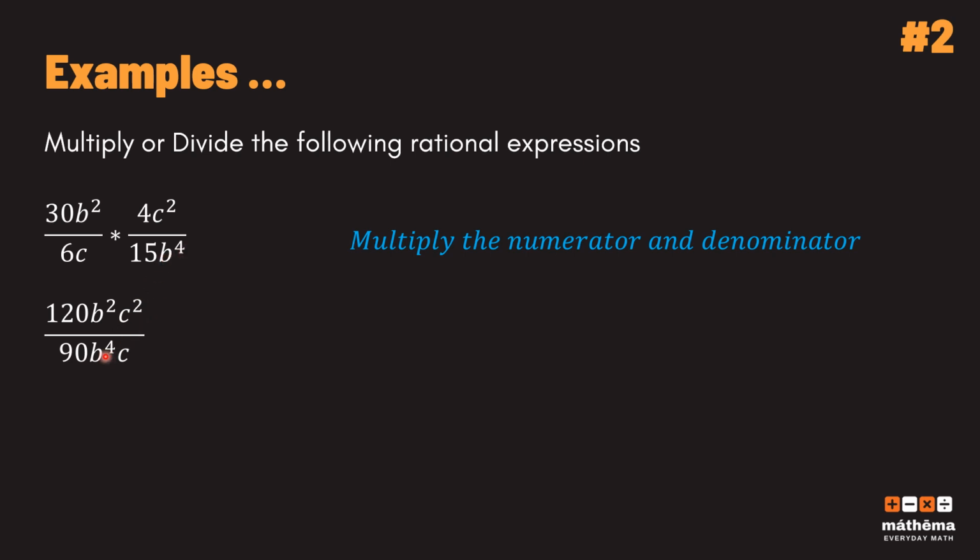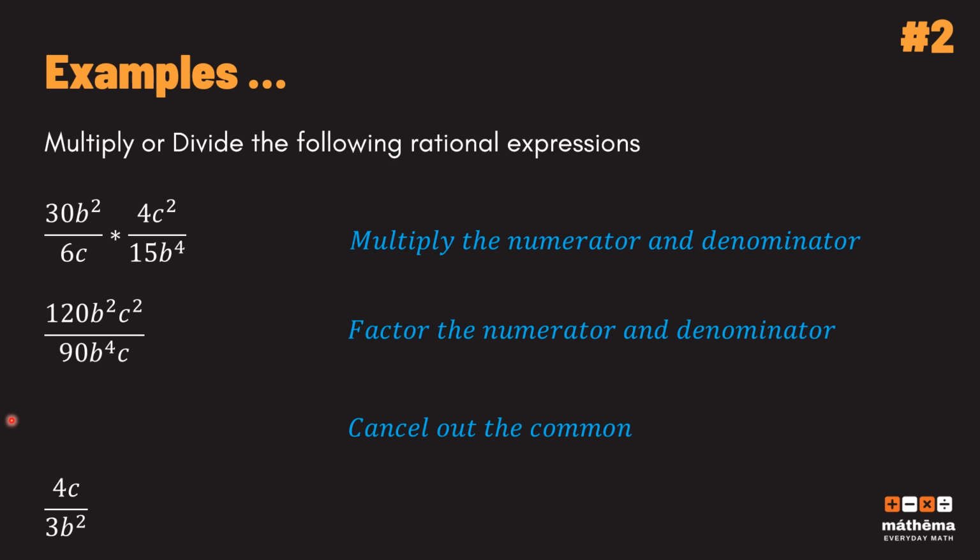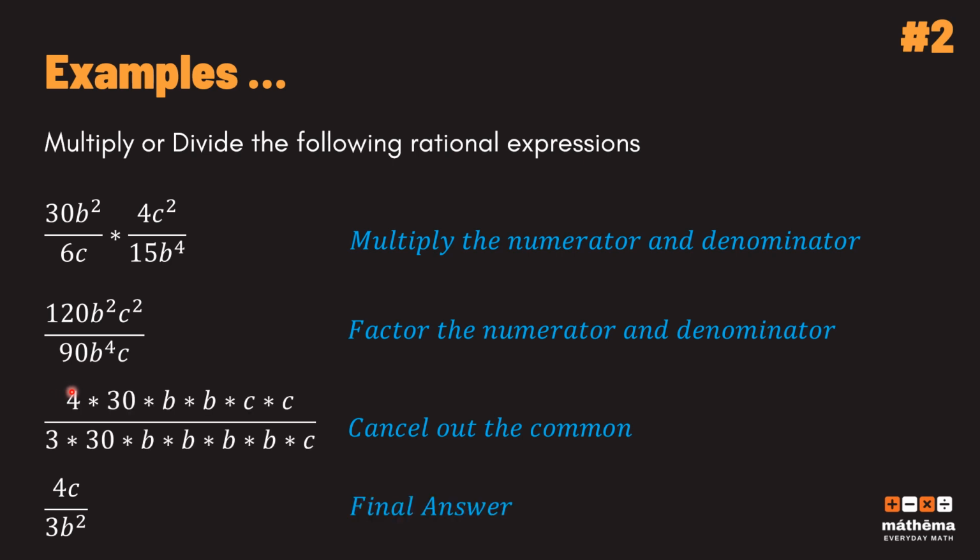The same as earlier, we are going to find common factors in the numerator and denominator. 120 can be written as 4 times 30, b squared is just b times b, and c squared is c times c. Then 90 can be written as 30 times 3, and b to the fourth power is equal to b times b times b times b, and then c.